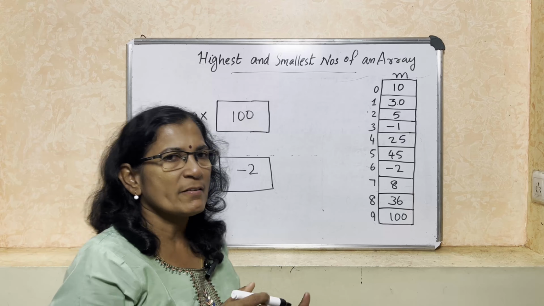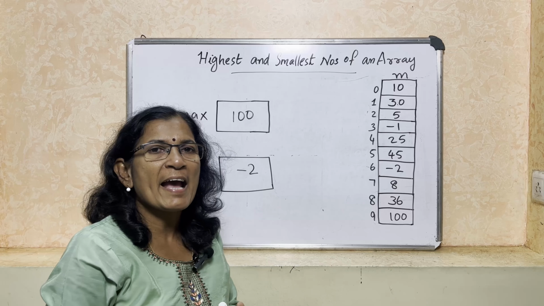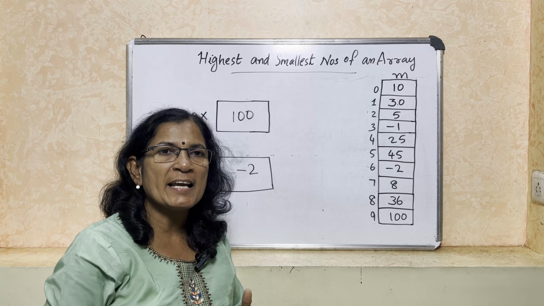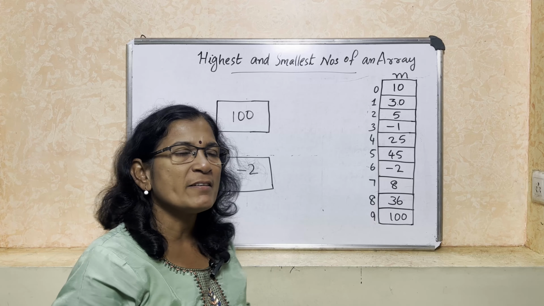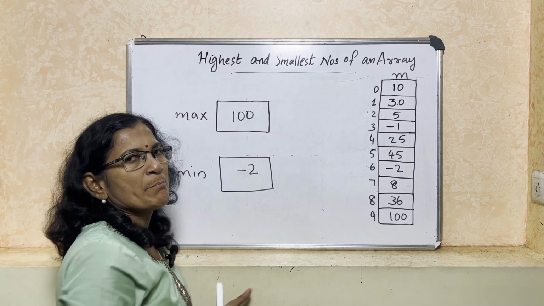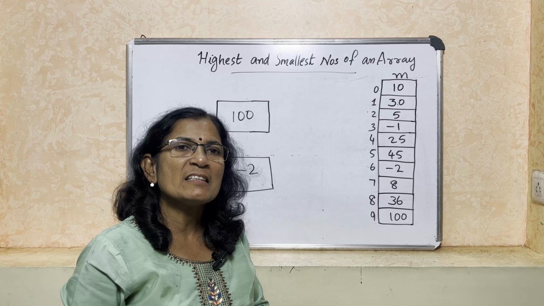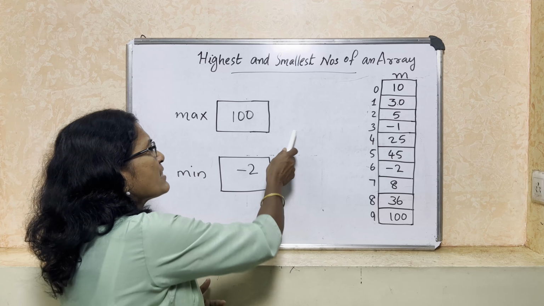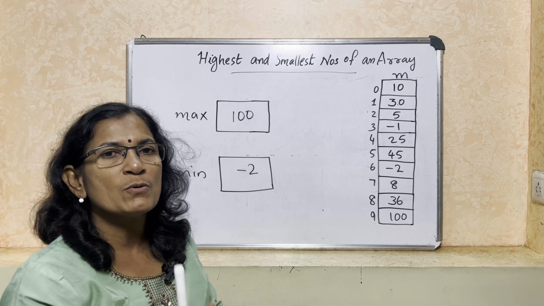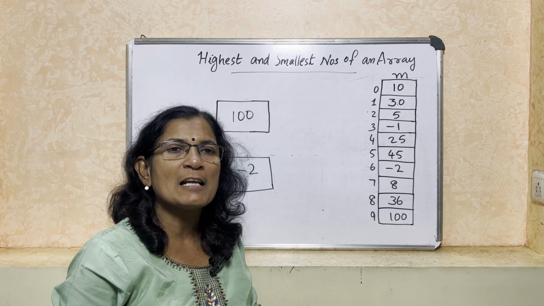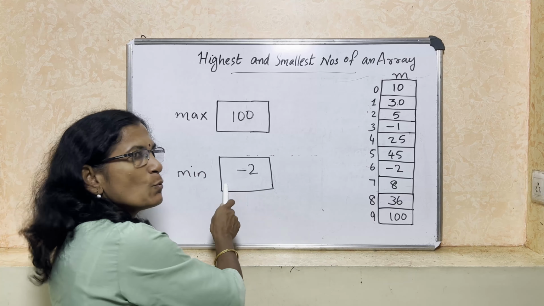So what procedure have we followed here? We have accessed each element of the array and compared each element with the values in min and max. Whenever you found a value which is greater than the value in max, that is assigned to max. Whenever you got a value which is smaller than the value in min, that was assigned to min.